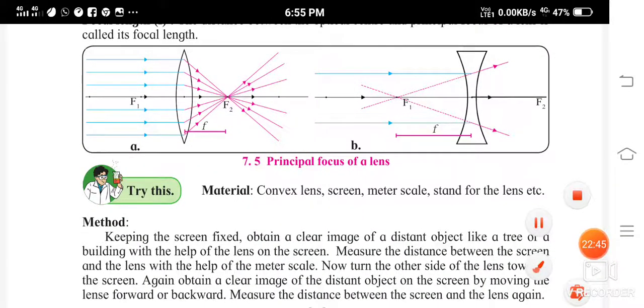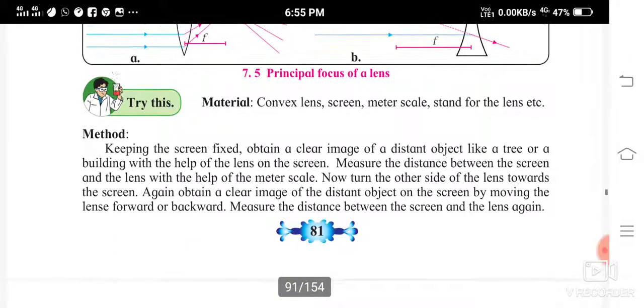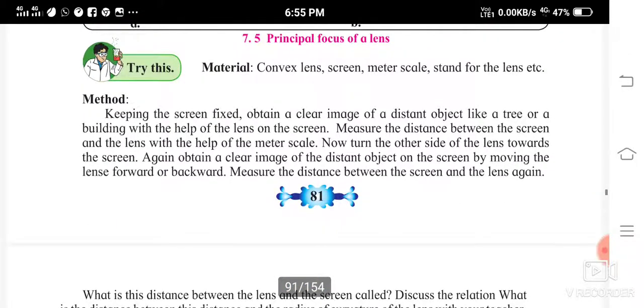Let us continue with the activity in the next video. The material required is a convex lens, screen, meter scale, stand for the lens, etc.